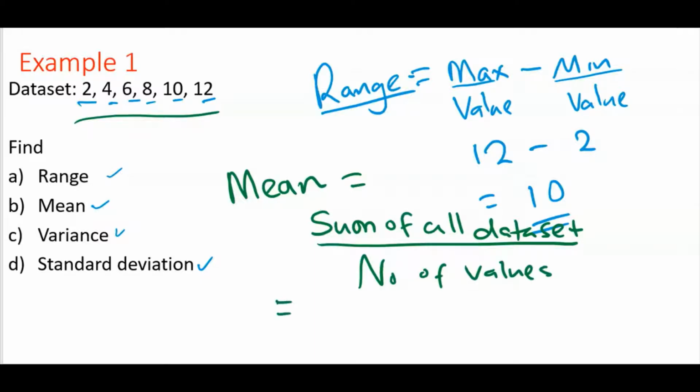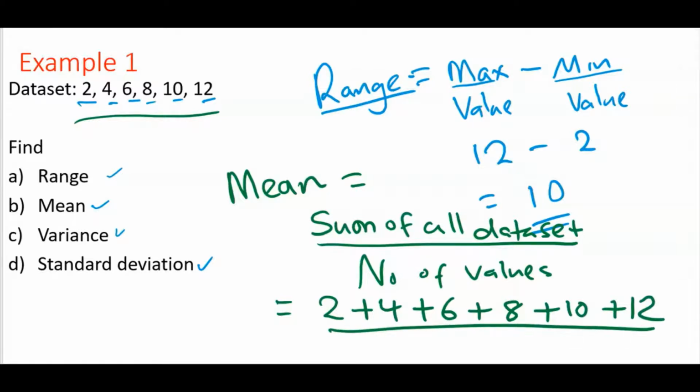So what this means is that I have to add up 2 plus 4 plus 6 plus 8 plus 10 plus 12 divided by the number of values in this dataset. 1, 2, 3, 4, 5, 6.